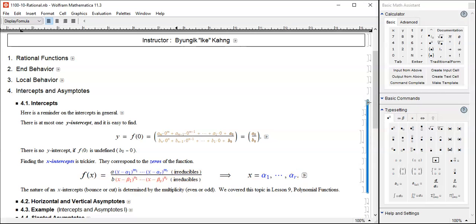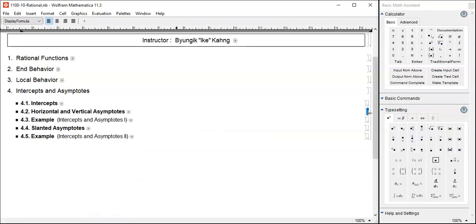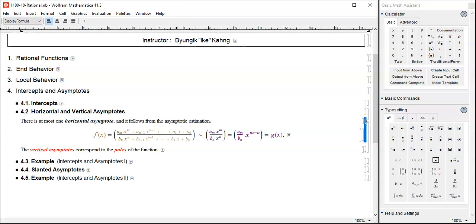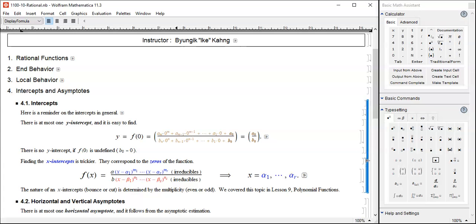Let's go to the asymptotes. Horizontal asymptotes and vertical asymptotes. Horizontal asymptotes come from the end behavior, so we take the asymptotic estimation. We simply take the leading terms. By the way, there's a bit of a parallel between horizontal asymptotes and the y-intercept computation.